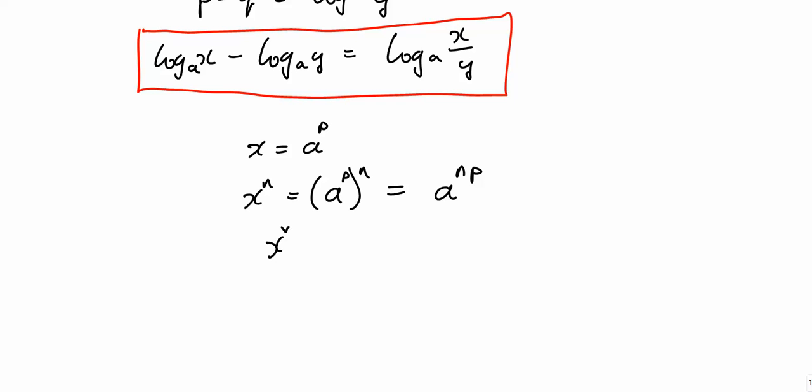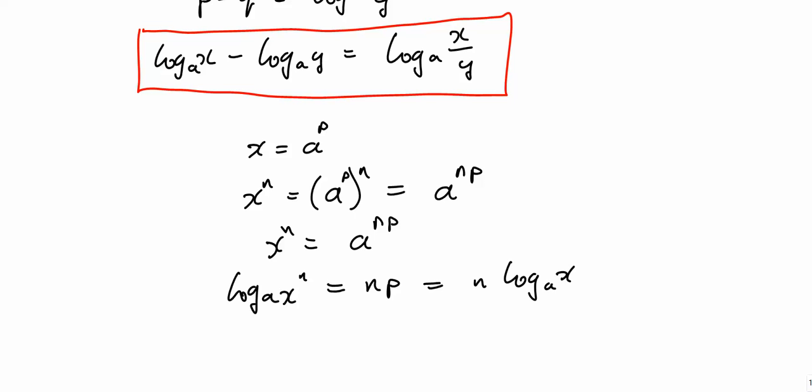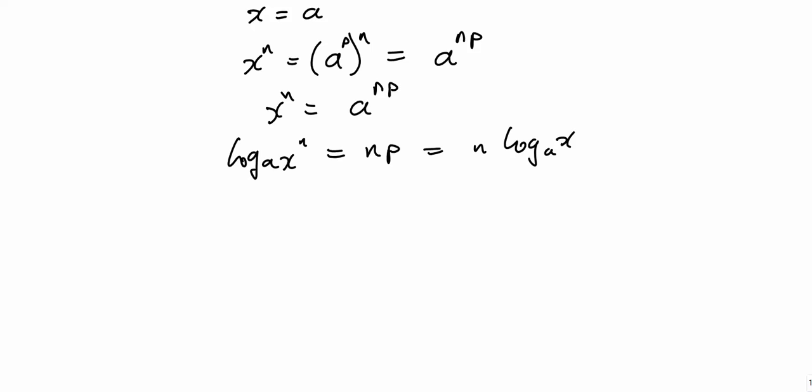So we have x to the n is a to the np, and in logarithmic form log of x to the n to base a is equal to np, and p is of course log x, so that is n log x to base a. So this gives us a third rule, log of x to the n is n log x to the same base.